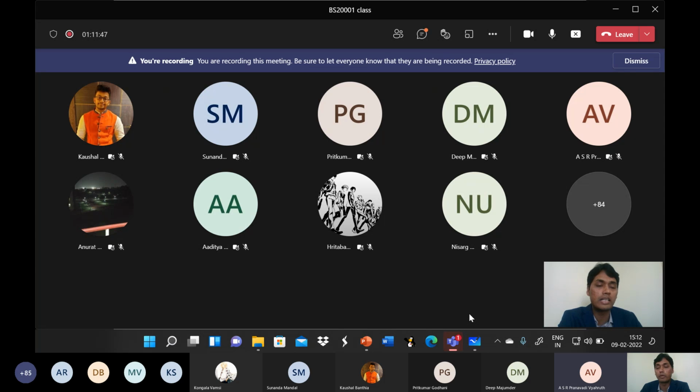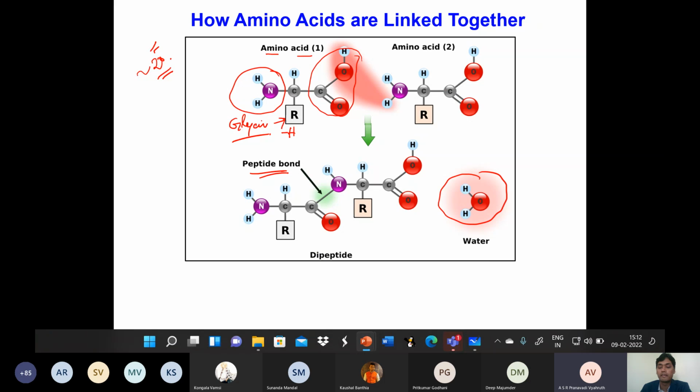At ambient temperature, our body temperature, with lots of water, no organic solvent, but still it is going on. Because of enzymatic action, because of a physiologically relevant system. So the ribosome helps in translation. Let's talk about it.